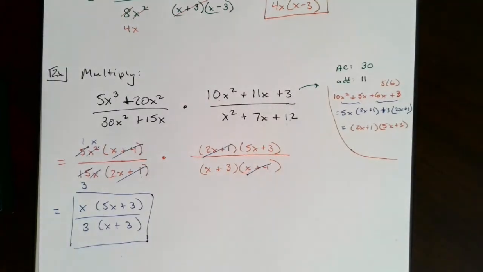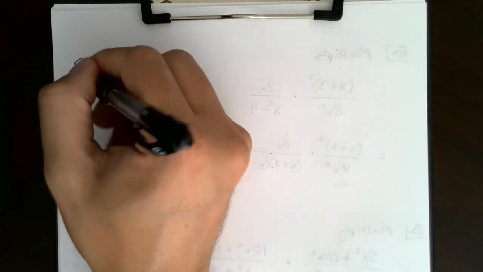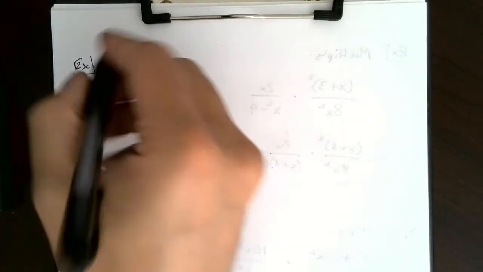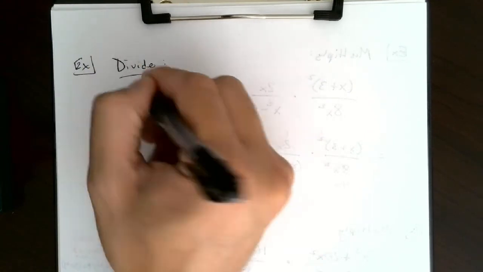Let's take a look at just a couple more. So for this first example on this page, let's say I said to divide. Remember, the directions could say perform the indicated operation.